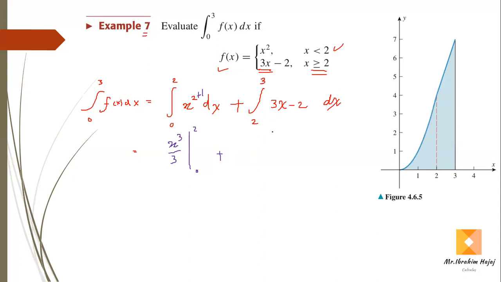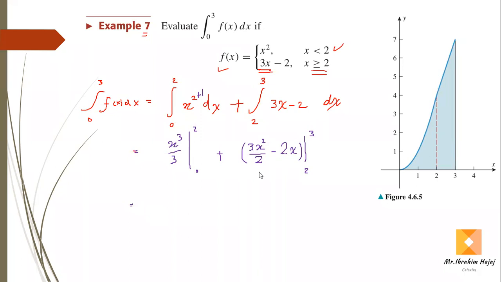Now integrate 3x minus 2: it is 3x squared over 2 minus 2x, and this we evaluate from 2 to 3.